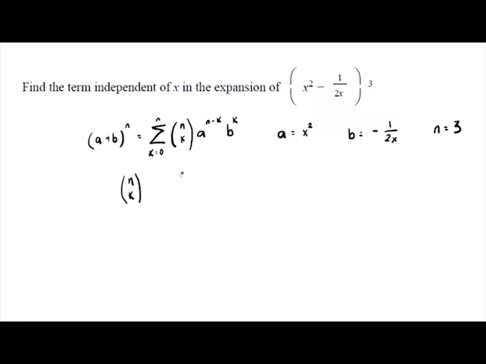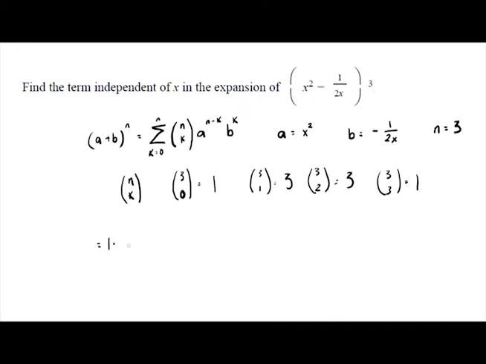We start with 3 choose 0, 3 choose 0 equals 1. 3 choose 1 equals 3. 3 choose 2 equals 3. And 3 choose 3 equals 1. So first of all, we are going to write this whole expansion with these numbers, the coefficients.